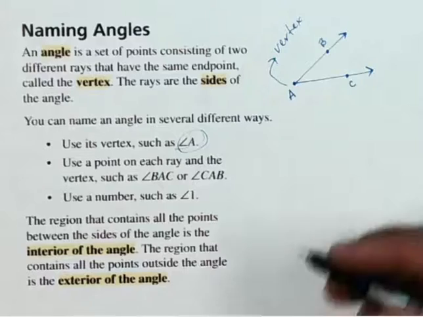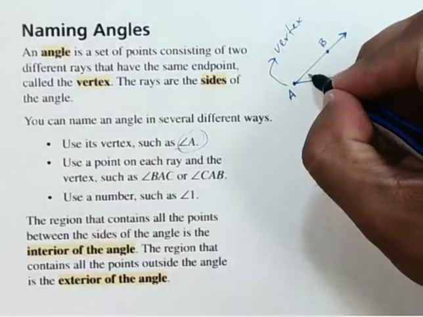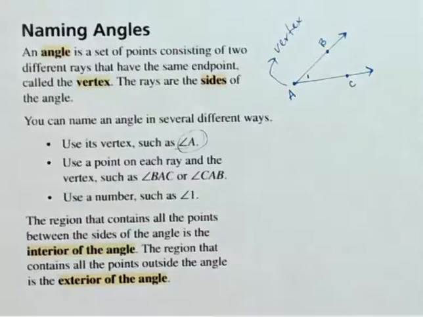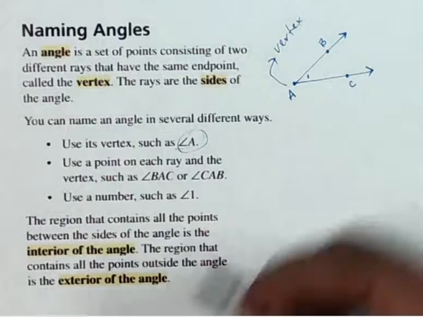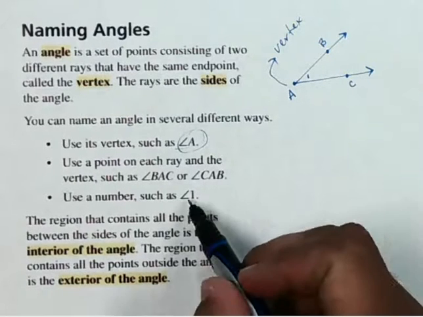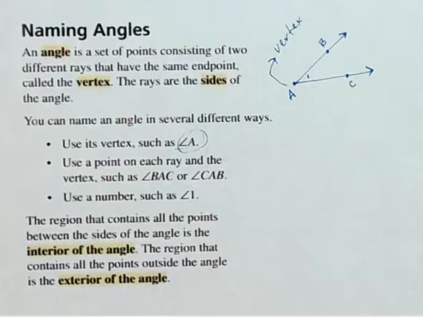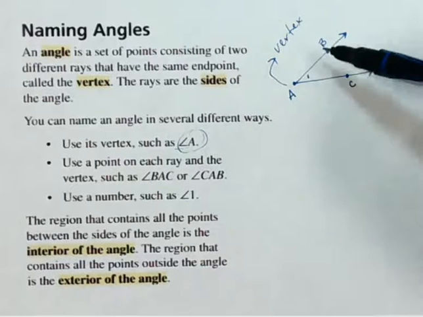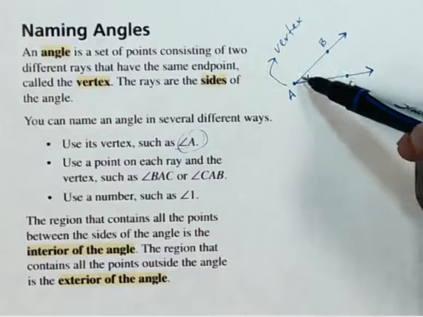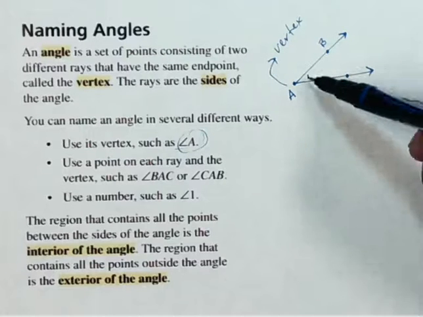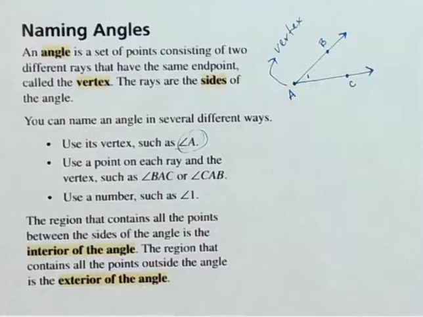The third option that you'll sometimes see is a small number written inside towards the vertex. And so if I put a 1 there, this is going to be called angle 1. Okay, so I can call it angle A, I can call it angle BAC, angle CAB, and if there happens to be a number there, I can call it angle 1.